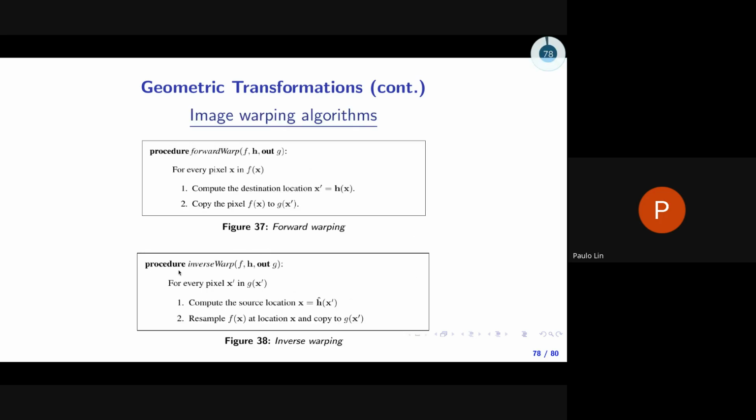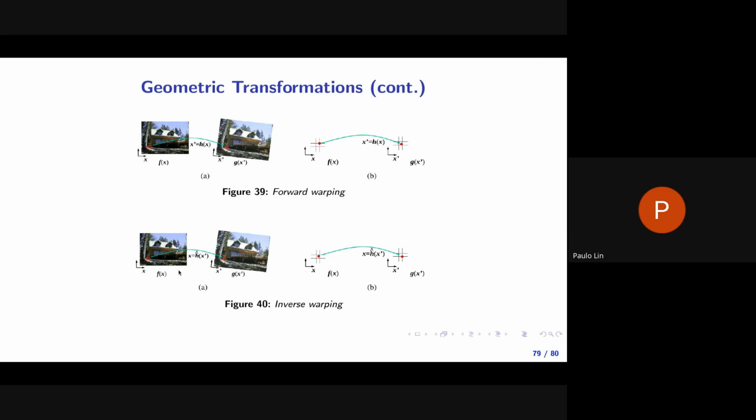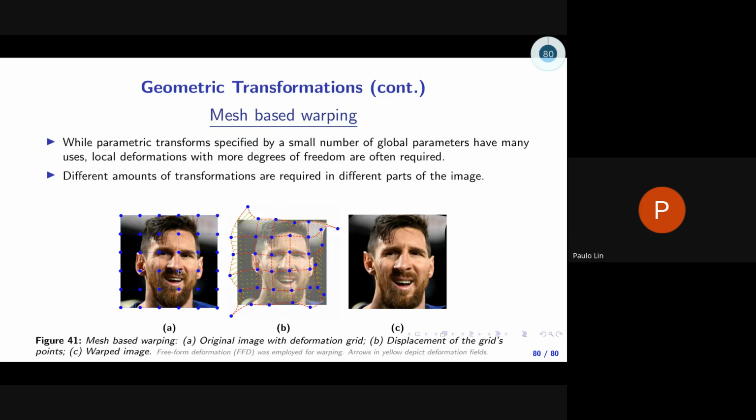But sometimes we have to perform a different warping operation to different parts of the image, and this is called mesh-based warping. For this case, the transformation or the deformation is not defined by a small number of parameters. For instance, in mesh-based warping, we divide the image into a grid, and we move the points comprising the grid to apply geometric transformation.